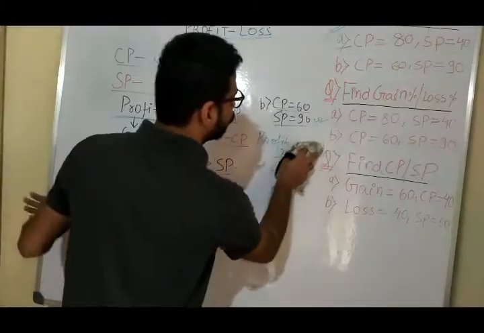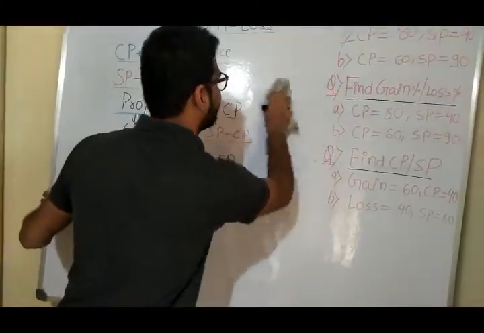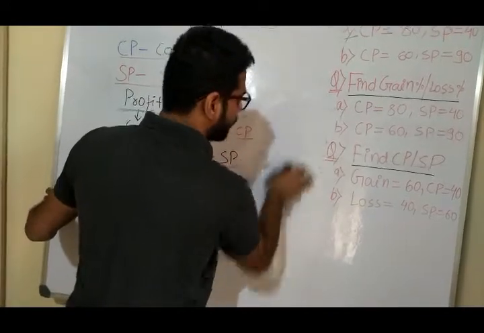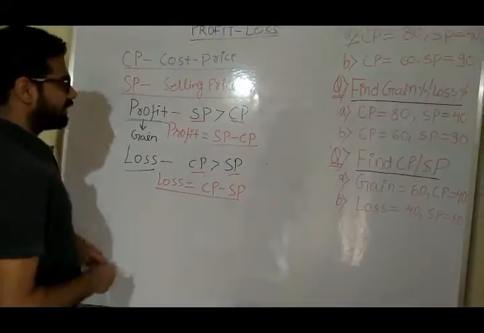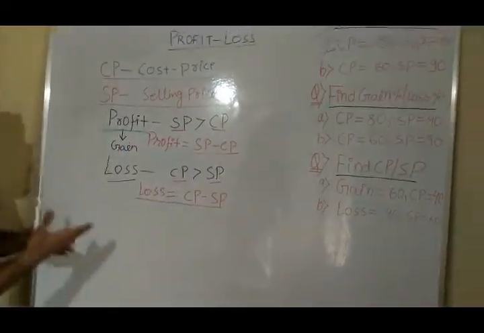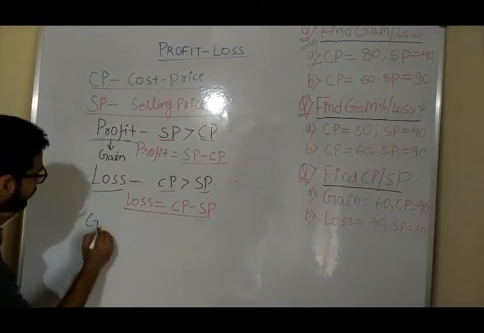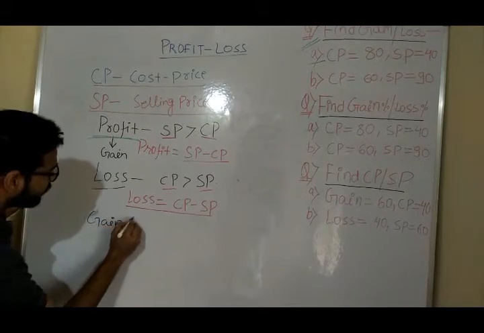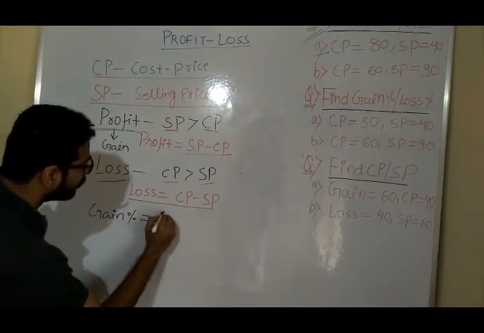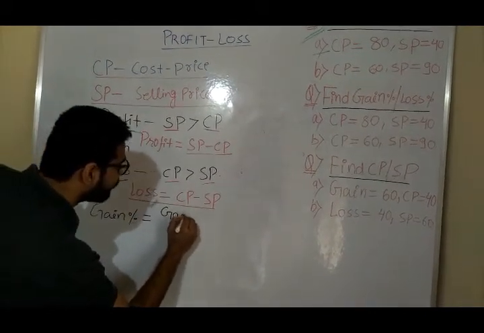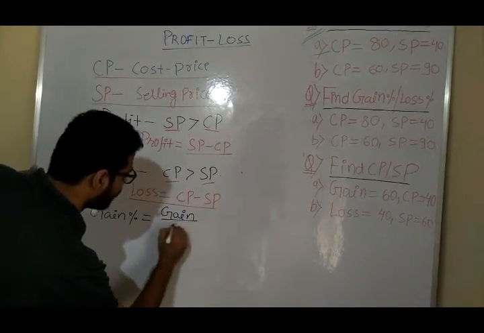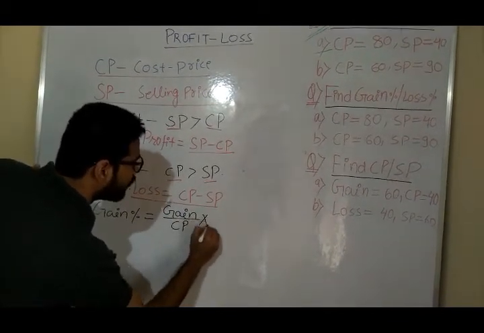Now let's move towards gain percentage and loss percentage. Nothing, it is so simple if you understand this concept. Gain percentage is equal to gain by CP into 100.